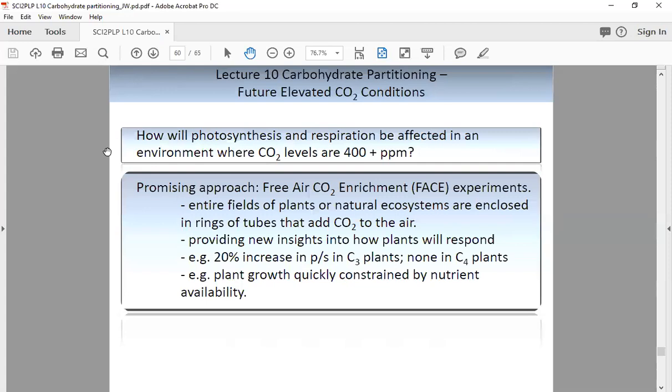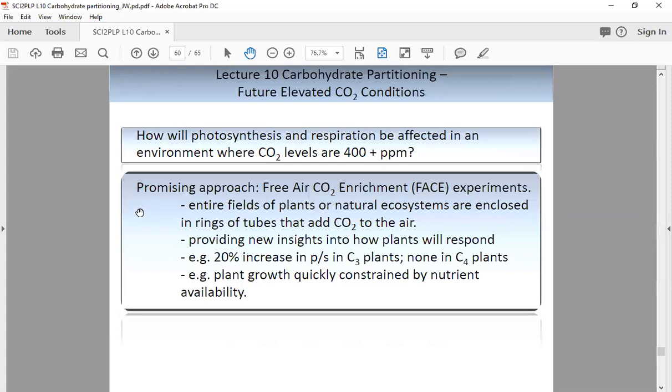A promising approach to study the physiology and ecology of plants in environments with elevated carbon dioxide levels has been the use of free air carbon dioxide enrichment experiments, simply known as FACE experiments.